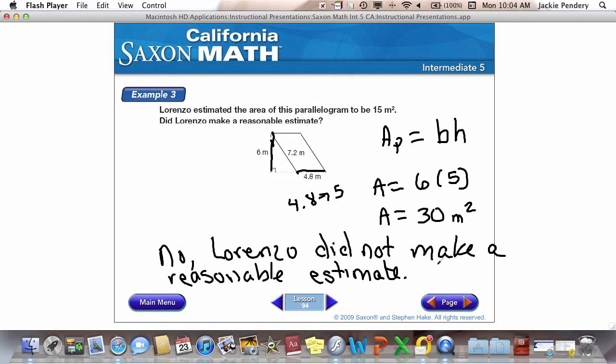Now, to make your answer more complete, you would go ahead and tell me why. Okay? Though saying no is an acceptable answer. But to make it a best answer, go ahead and tell me why it's not a reasonable estimate. Okay? All right, example 4.